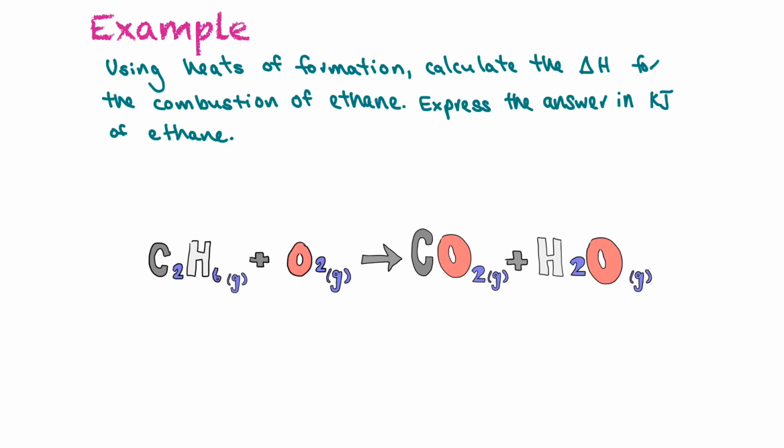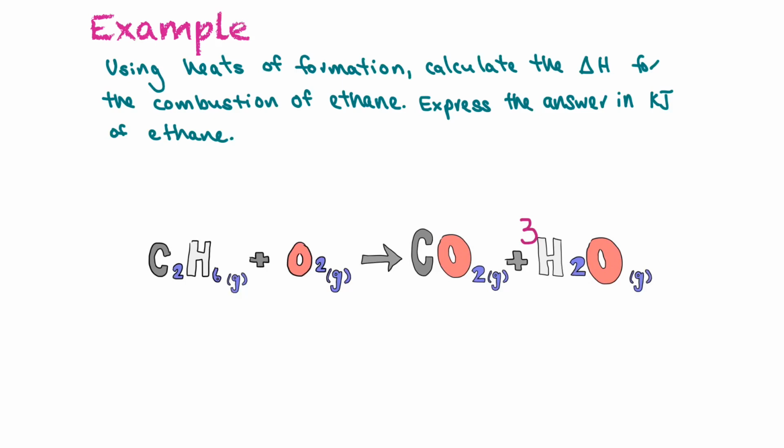The first thing we can take a look at, we have 6 hydrogens here, but only 2 over here. So we need to put a 3 here. So now we have 6 hydrogens, 3 oxygens here, and we have to balance our carbons now.